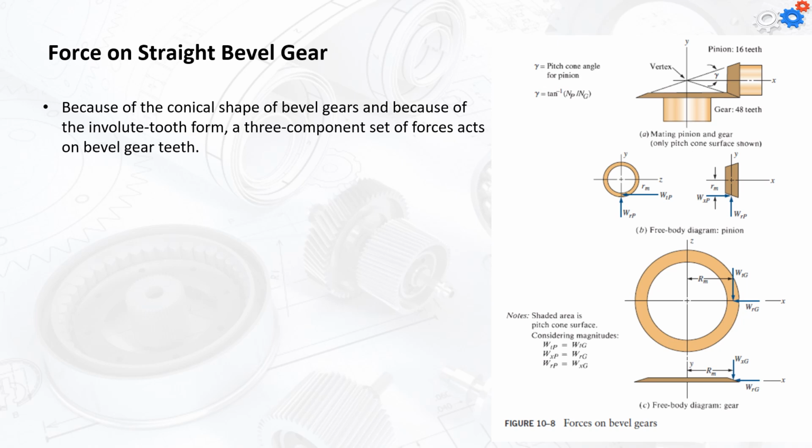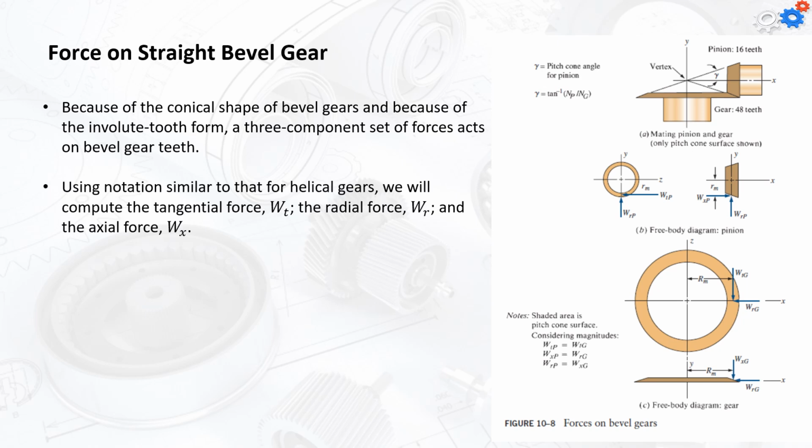Because of the conical shape of the bevel gears and the envelope tooth form, three component sets of forces act on the bevel gear teeth. Using notation similar to that for helical gears, we will compute the tangential forces, the radial forces, and the axial forces.